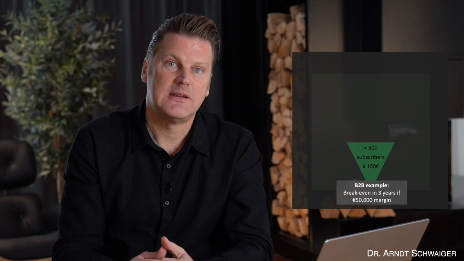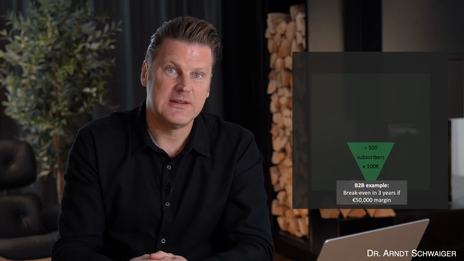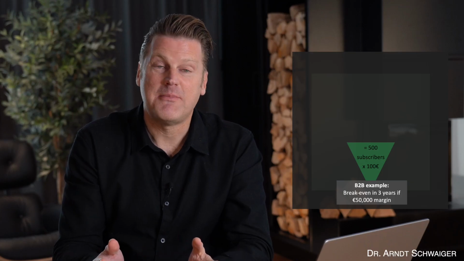That means 500 companies are your customers. This sounds maybe like a low number, but these are companies. It depends on whether they are small companies or big corporates. 500 can be a lot or not too much, but it sounds like a lot to me at least.